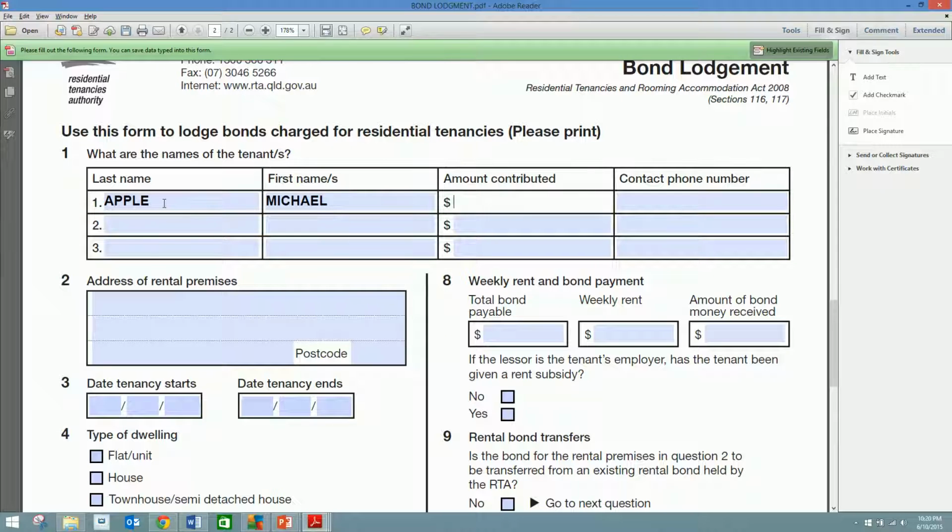Now Michael and Carl went 50-50 on the bond, so they each paid $920. Okay, and we put in their number. And then Carl also paid $920.